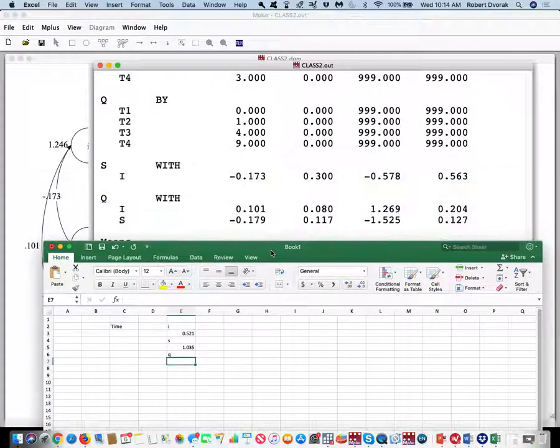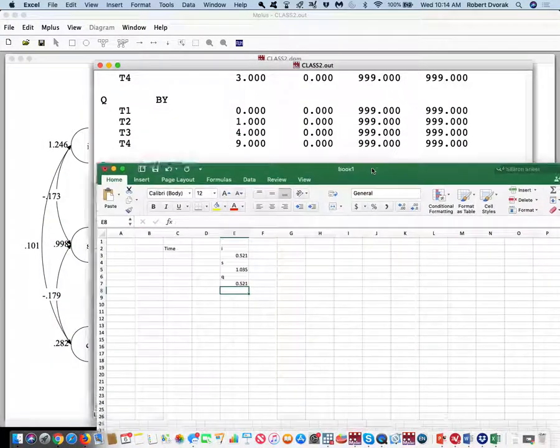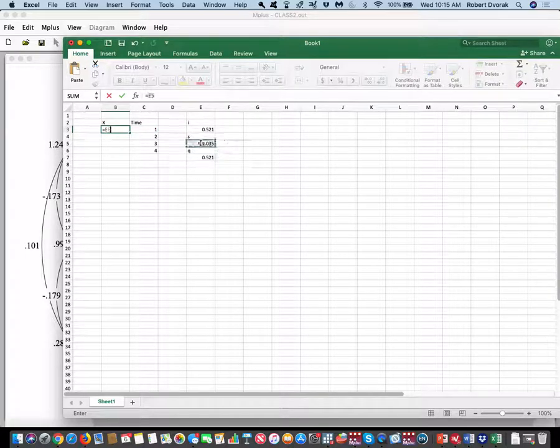And this was 0.521, wasn't it? Equals this times this. Are we following? Are we tracking here?